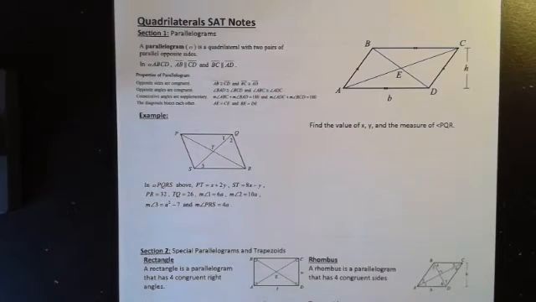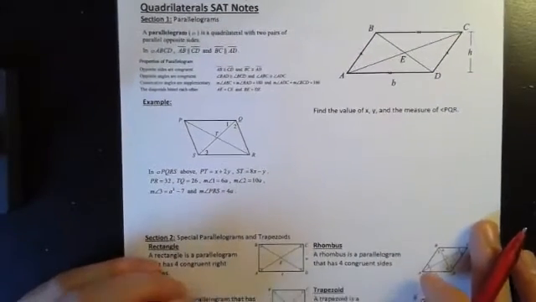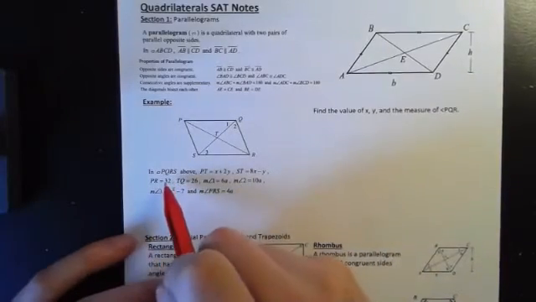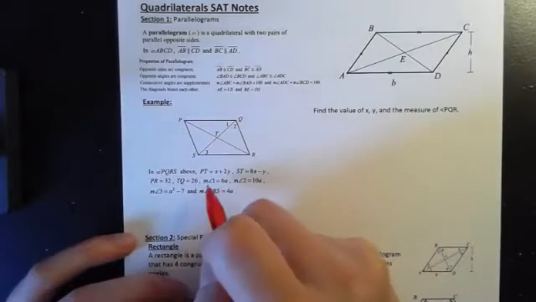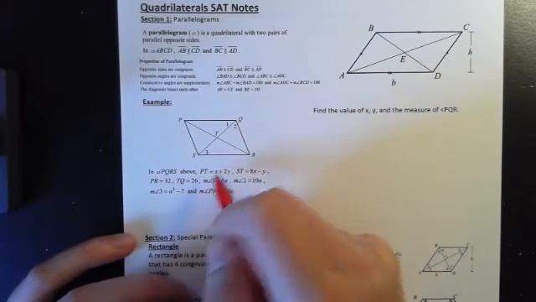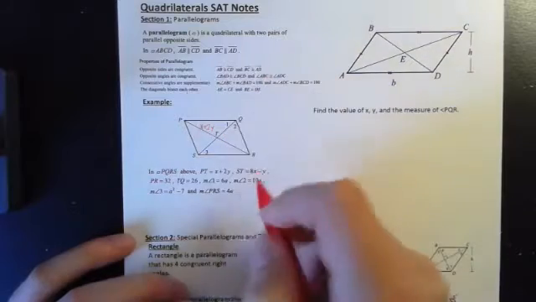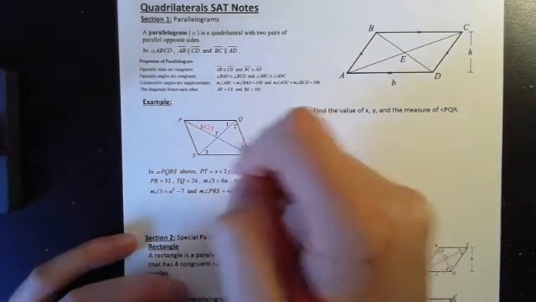Okay, so for our example here, we're told that in parallelogram PQRS, PT is x plus 2y, ST is 8x minus y.